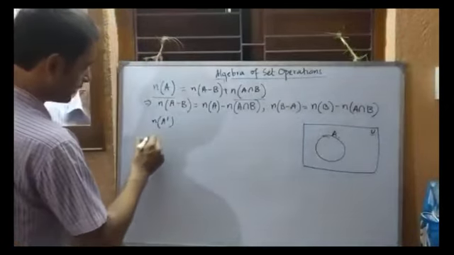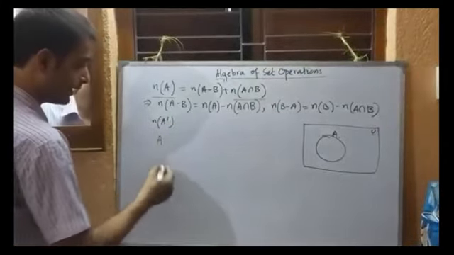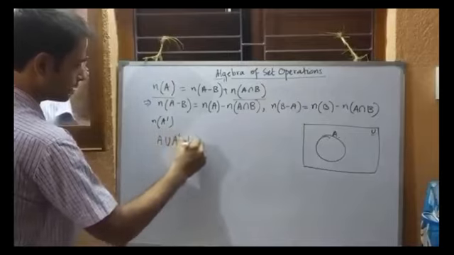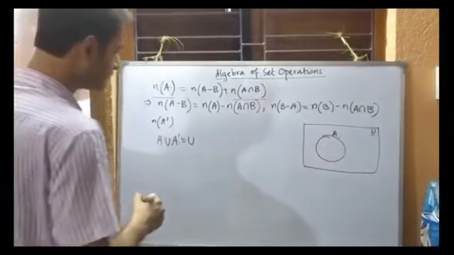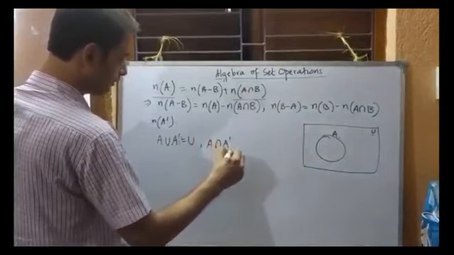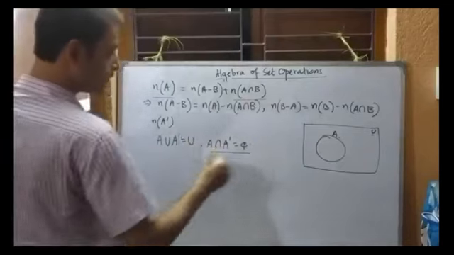Now see here, the given sets are A and the universal set. So we can apply the law of complement that says for any set A, you can write A union A complement as the universal set. And also we have another law for complement that A intersection A complement is phi. So these are disjoint.